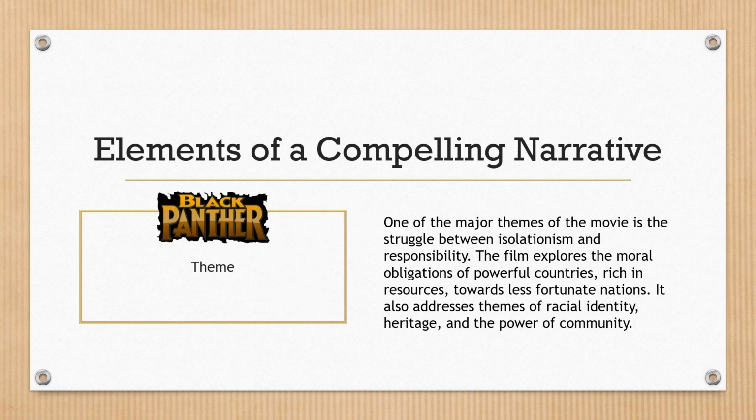So, some themes in Black Panther include that struggle between isolationism and responsibility. There's also an exploration of the moral obligations of powerful countries that are rich in resources towards less fortunate nations. And some other themes include racial identity, heritage, and the power of community.